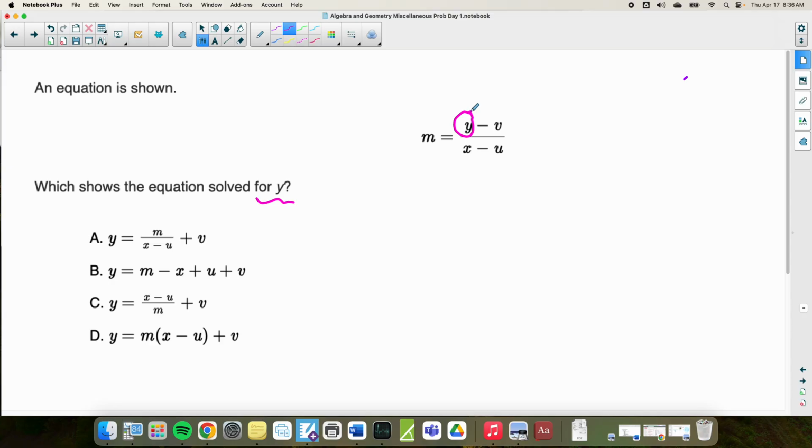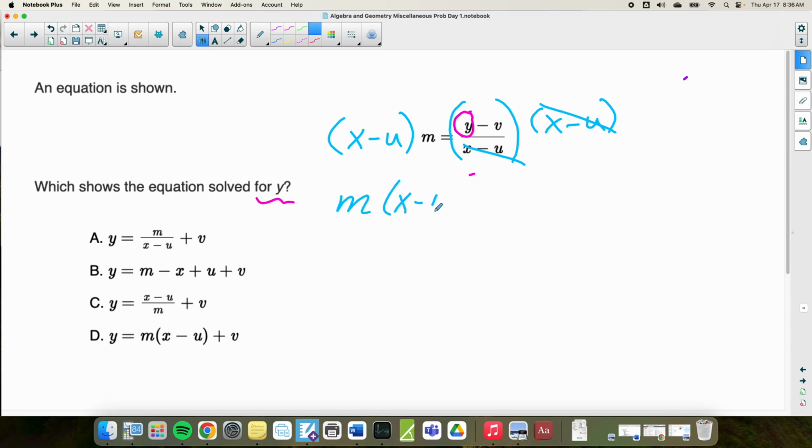Now when you go to do this, what I would do first is clear out the bottom on this side, and how I would do that, I could multiply both sides by x minus u. Do you guys get that? And then this and that cancel, and on the left, I would probably put the little m in front, equals y minus v.